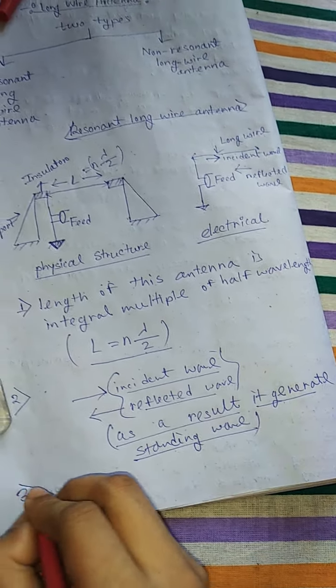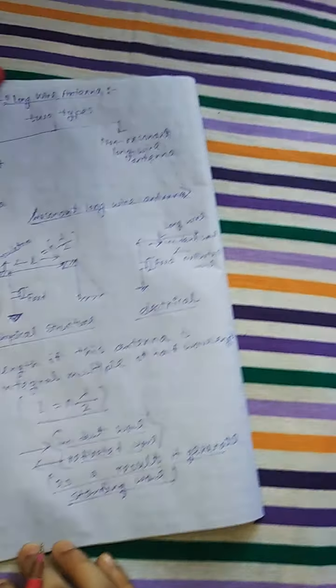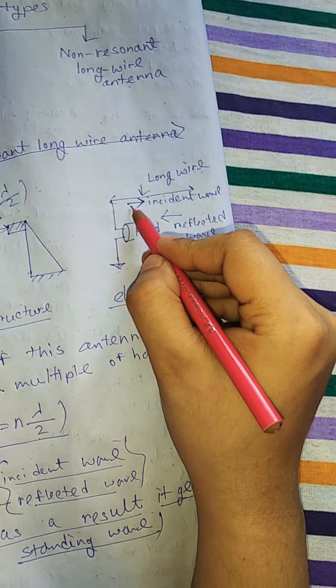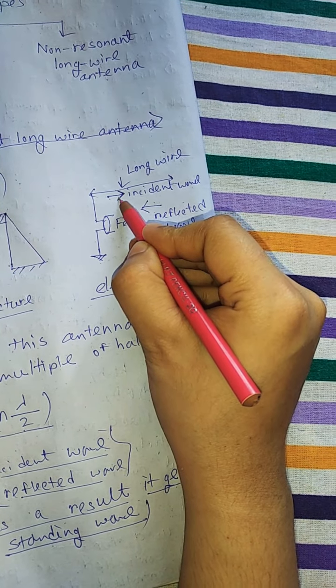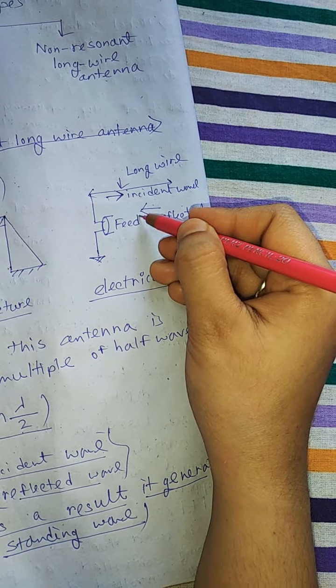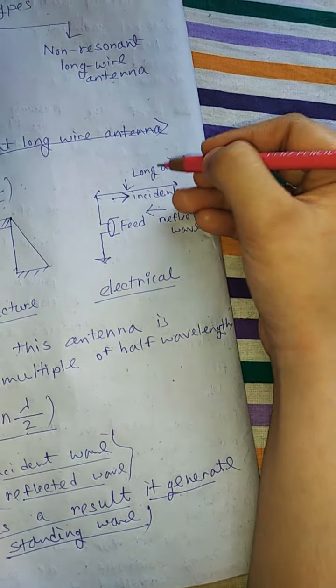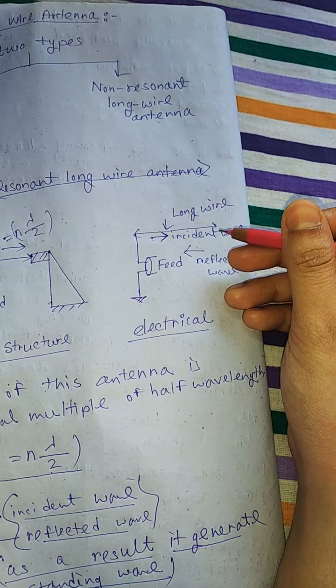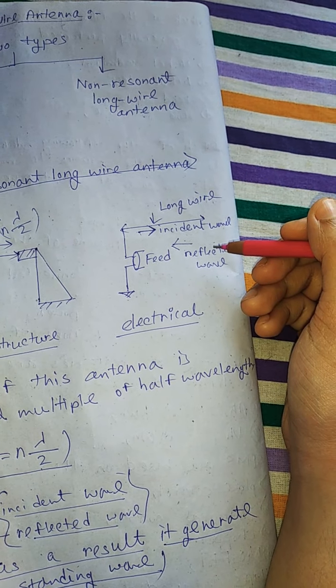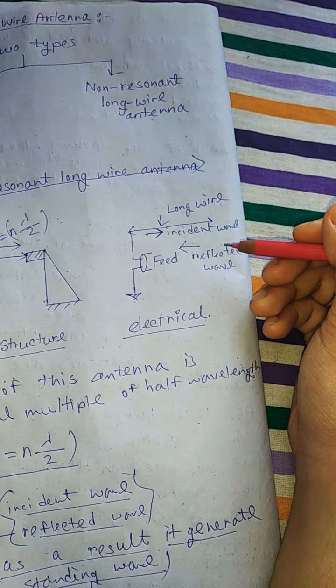The third point is, we see that the direction of the incident wave is this direction and the opposite direction is the reflected wave. That's why waves in opposite directions result in a bidirectional radiation pattern.